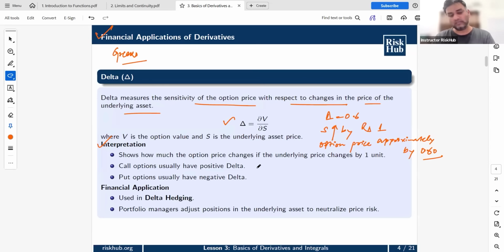If you have positive delta, you have to short, because ultimately the objective is to get delta neutral, and neutral means zero. If something has positive exposure, you hedge it with negative exposure. So you have a call option with positive delta, and you hedge it by shorting the stock. A call option usually has positive delta, a put option usually has negative delta. Financial application, delta hedging: the portfolio manager adjusts the position in the underlying asset to neutralize price risk.